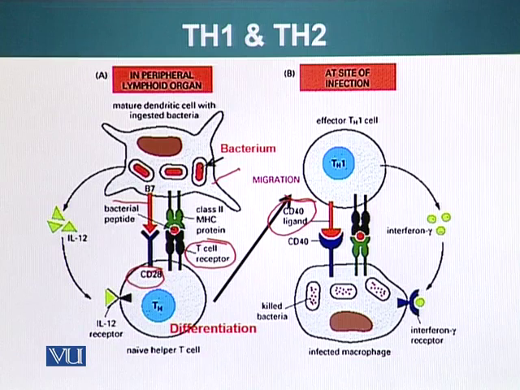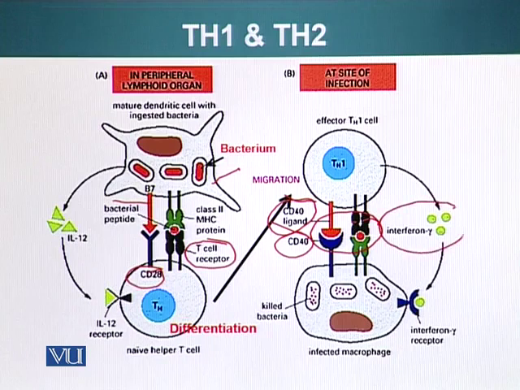This CD40 ligand will interact with CD40, which is present on the surface of macrophages. These two protein interactions, combined with the signaling molecule interferon gamma, will result in activation of this macrophage. Now this macrophage will be able to digest and destroy the pathogen which it had captured in its phagosome.